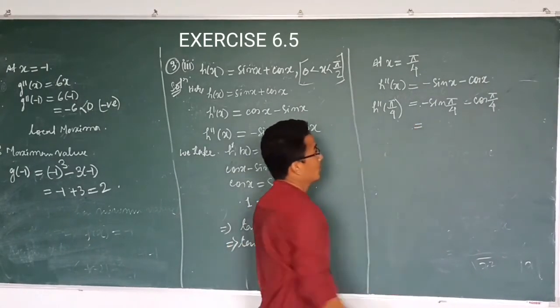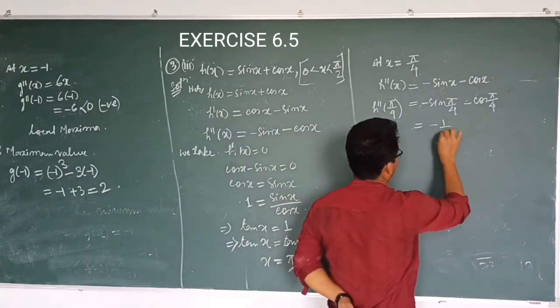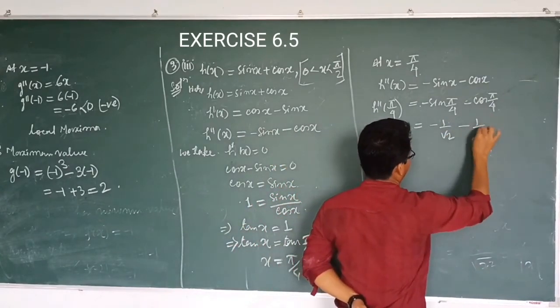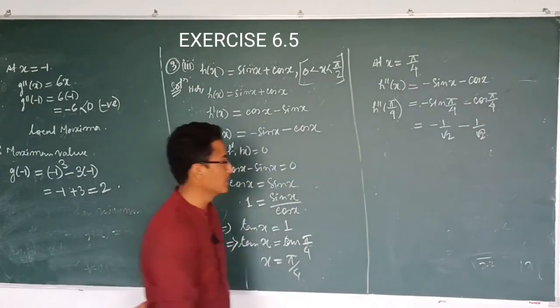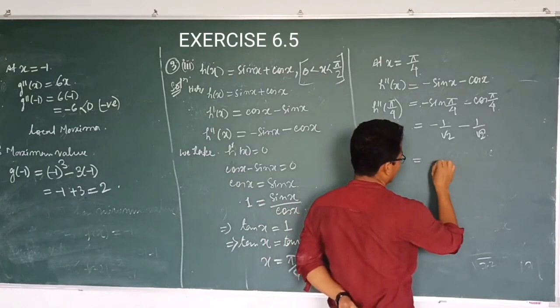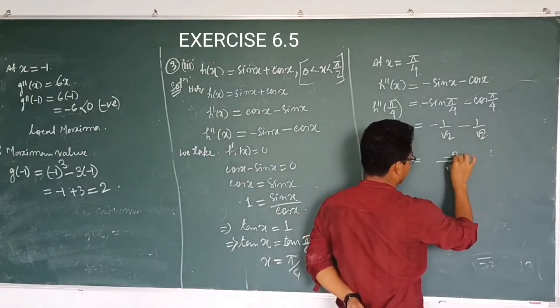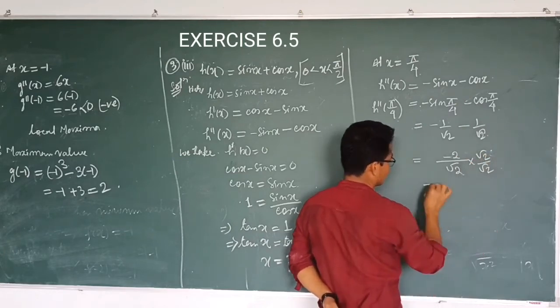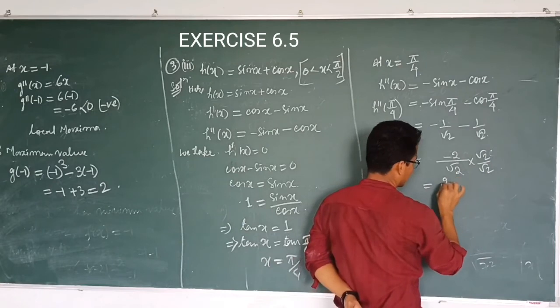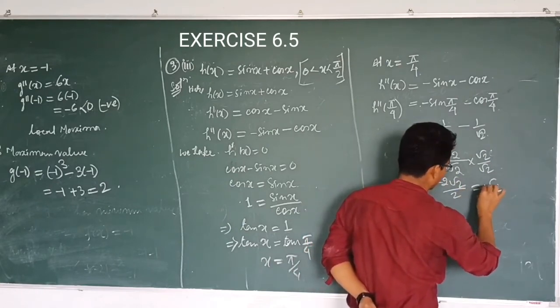Now sin pi by 4 is 1 by root 2, and cos pi by 4 is also 1 by root 2. If you solve like this, you will get minus 2 root 2 by 2, which is equal to minus root 2.